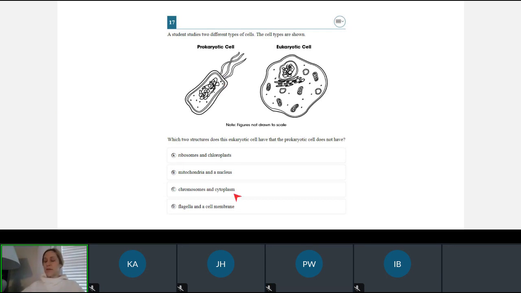What about cytoplasm? What's the cytoplasm? Good. Fluid in a cell. It's everywhere. It's kind of like jello. I like to think about it like jello in a cell. We'll pretend this vase I have right here is the cell.